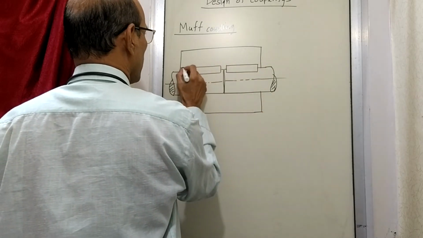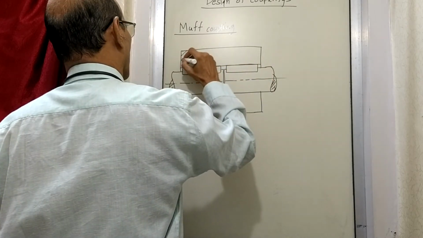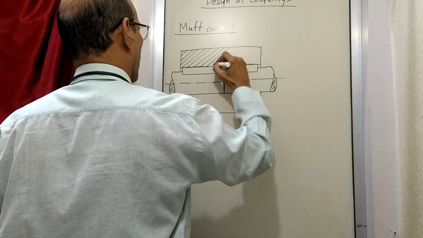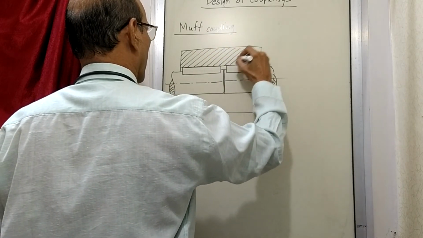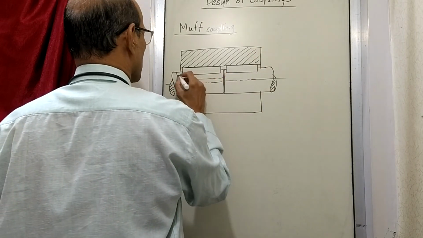Here there is a keyway. And here we are showing the partial section.